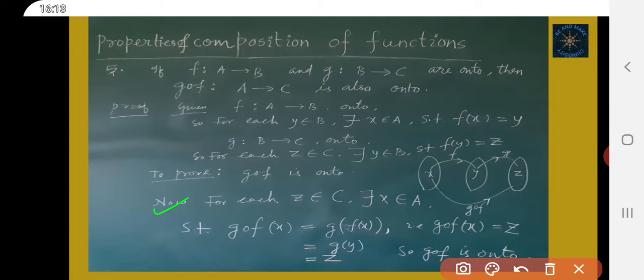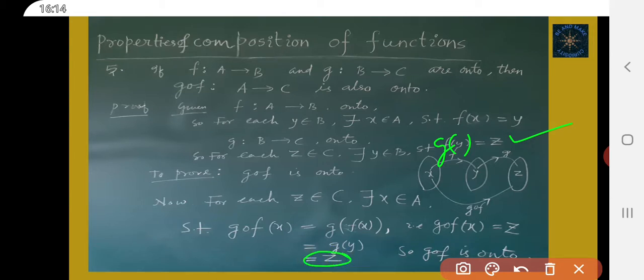For each z, the element of C, there exists x belongs to A such that gof of x, you can write g of f of x, and f of x you can write as y. And here g of y is z.